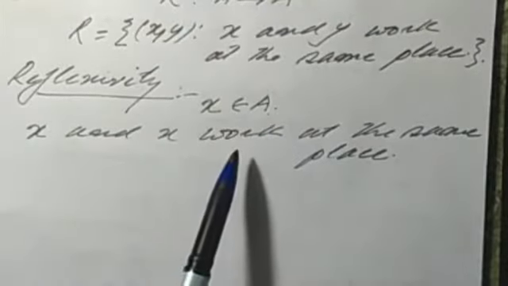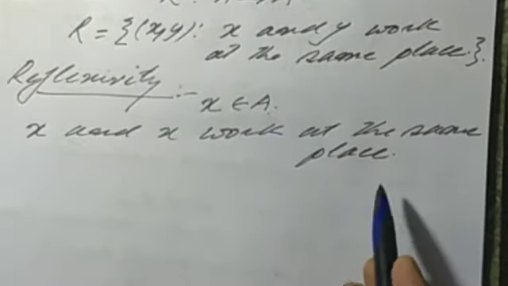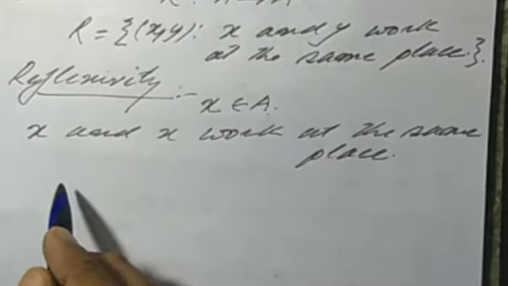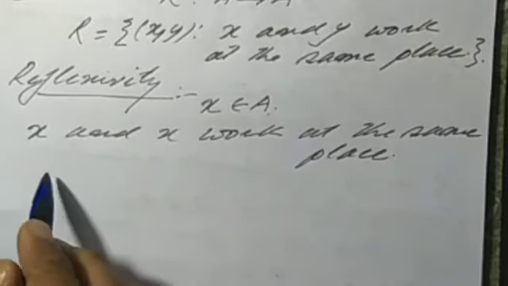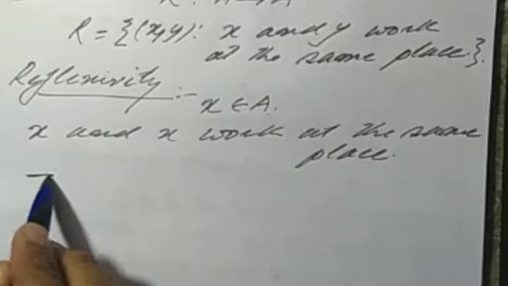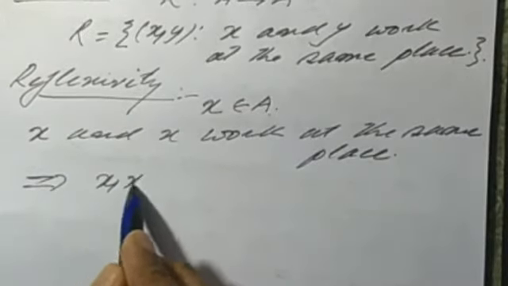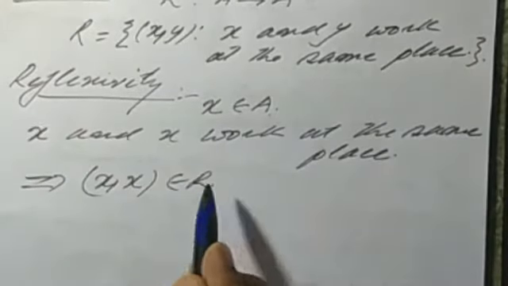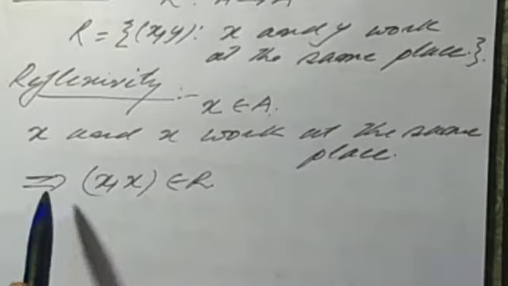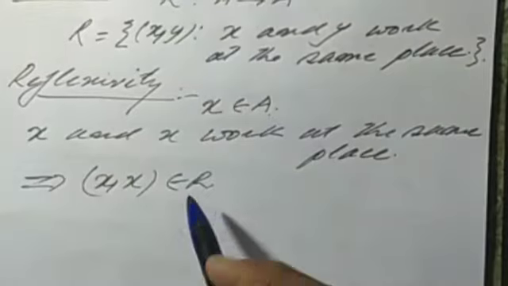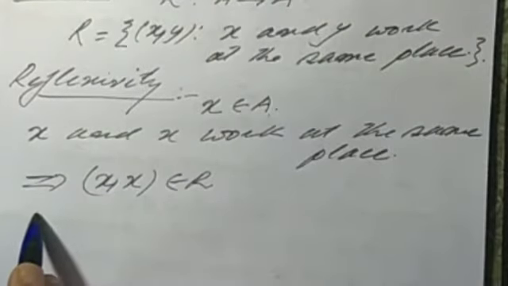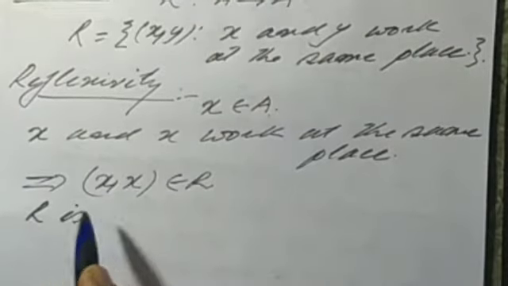So x and x work at the same place. It is a true statement. So under this relation, every person is related to himself or herself. So we may say that (x, x) belongs to R. So under this relation, every element of domain A is related to itself. So R is said to be a reflexive relation.